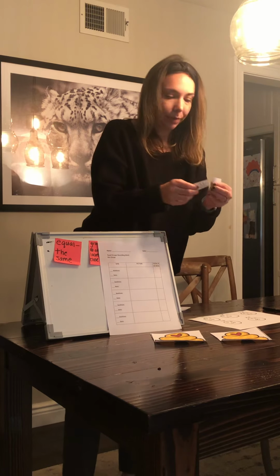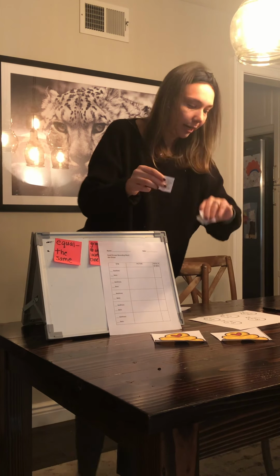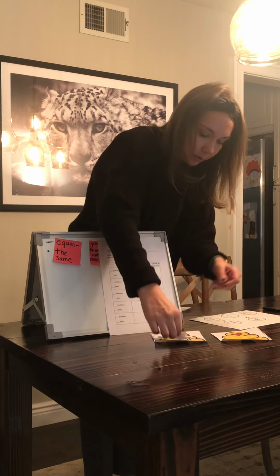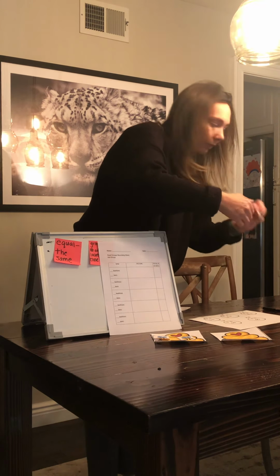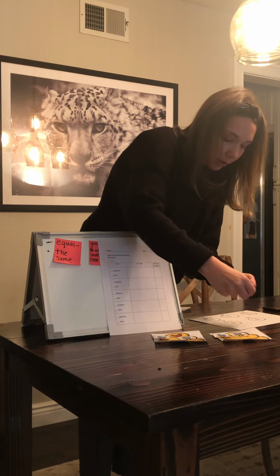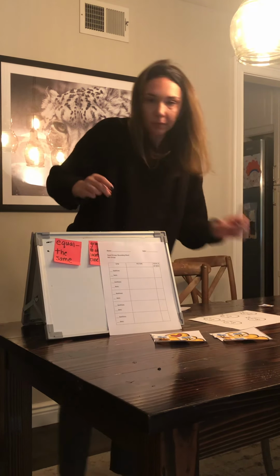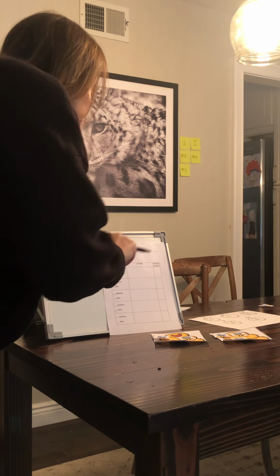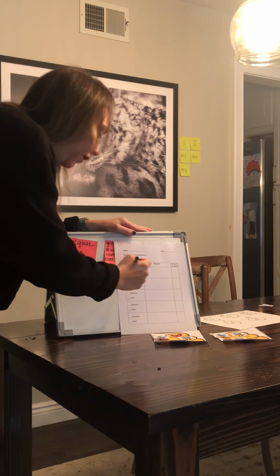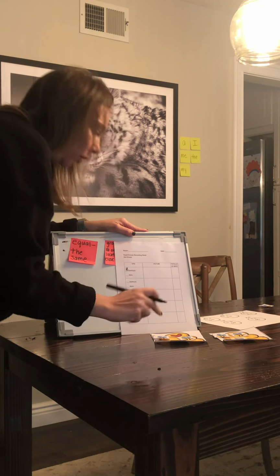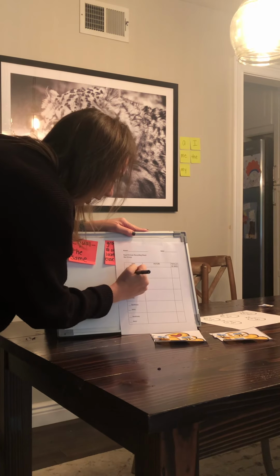So I'm going to put 3 bees on each beehive. 1, 2, 3. 1, 2, 3. Now I'm going to go over to my recording sheet and write the number of beehives. So I had 2 beehives with 3 bees on each hive.